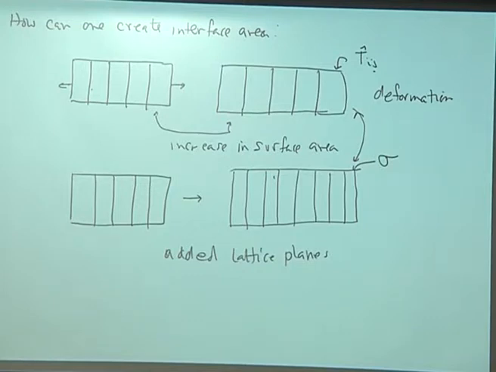In fact, the surface stress doesn't even have to be positive. The surface stress can be of any sign. And so let's say, I'm going to exaggerate here, you can have two cases. Let's say this is a vapor, this is the solid.